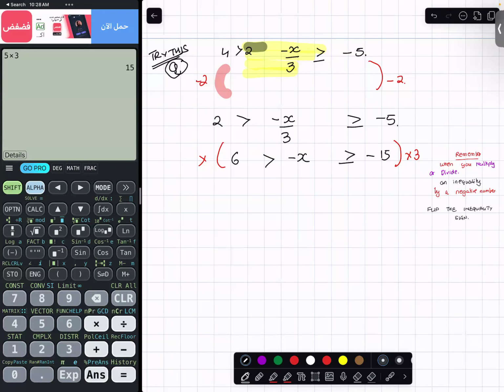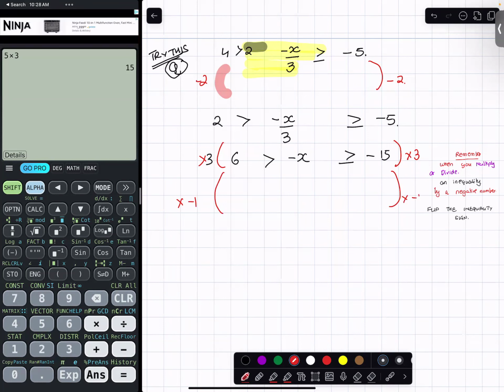Now our x term is negative. So finally, I'm going to multiply everything by minus 1 so that my x term becomes positive. So minus 6, this will become x, and this is going to become 15.